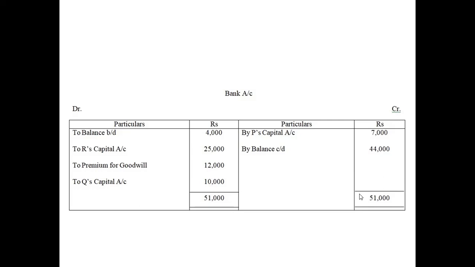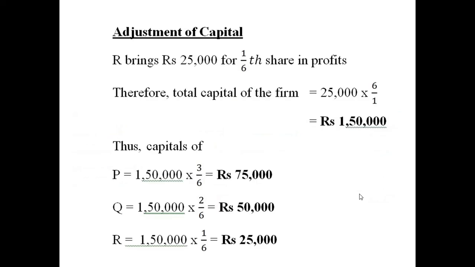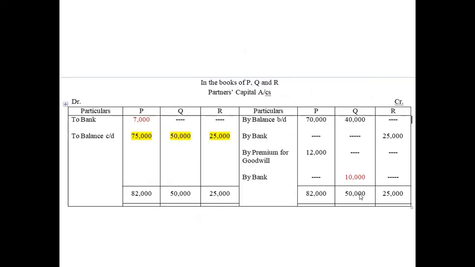4,000 you can see here in the question. So we write to balance BD 4,000, and R is a new partner. He is bringing his share of capital, that is 25,000, and R is also bringing 12,000 as his share of premium for goodwill. So we write to premium for goodwill 12,000, and we saw in partners' capital account that Q is bringing extra 10,000 rupees.